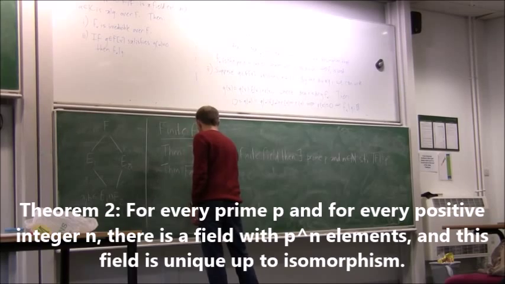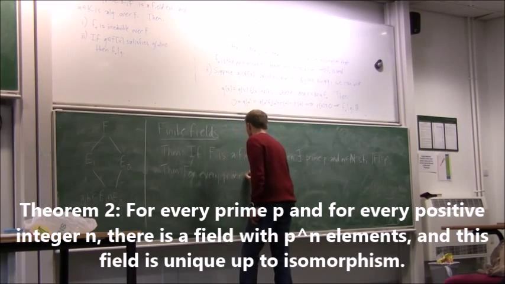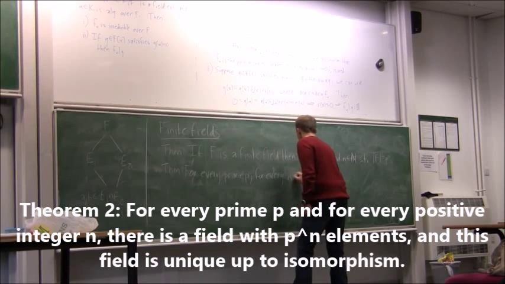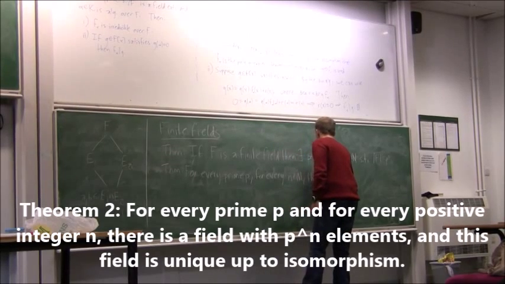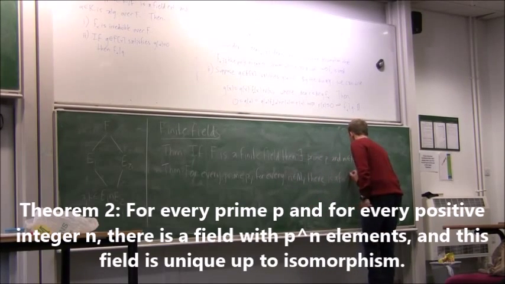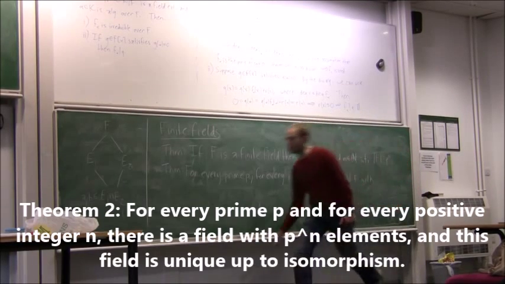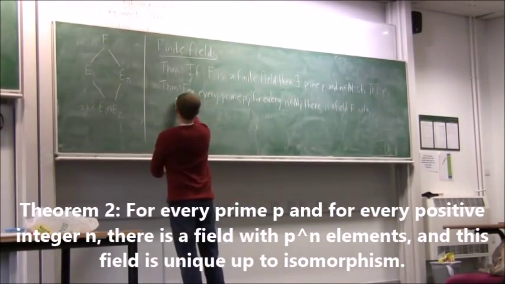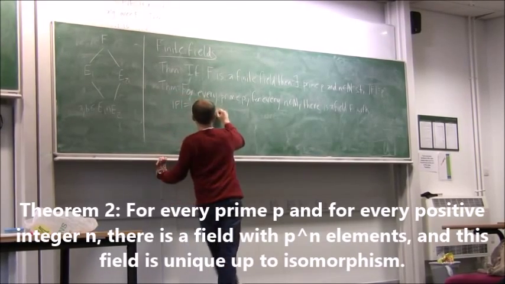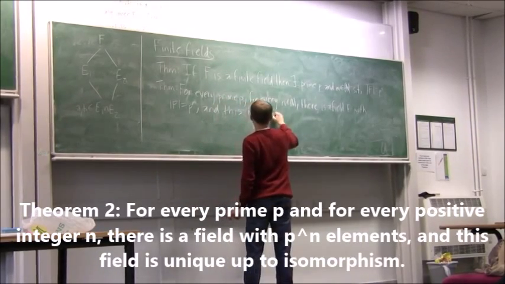For every prime p and for every natural number n, there is a field with p to the n elements, with order of F equals p to the n. And this field is unique up to field isomorphism.